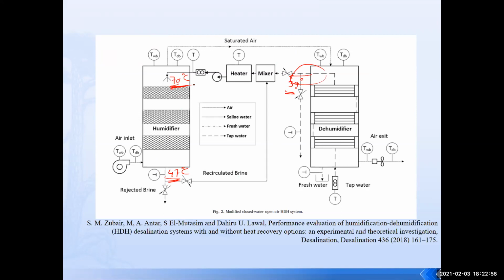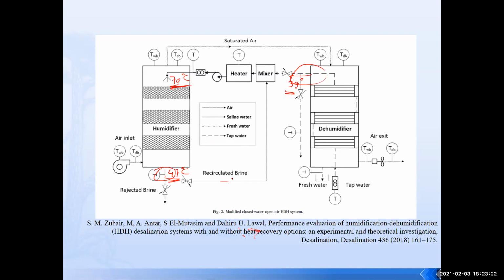The recovery ratio of HDH systems is in the order of 3 to 4 to 5%. It's not significant. So the concentration of the brine leaving the humidifier is not significantly higher, which means that you can reroute the water and you don't have to worry about the increase of the salinity.